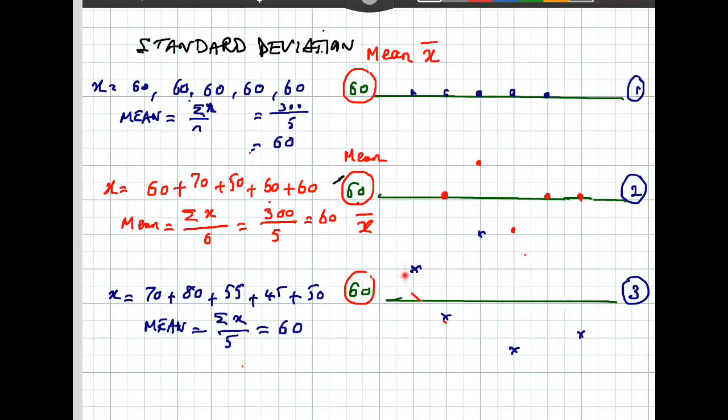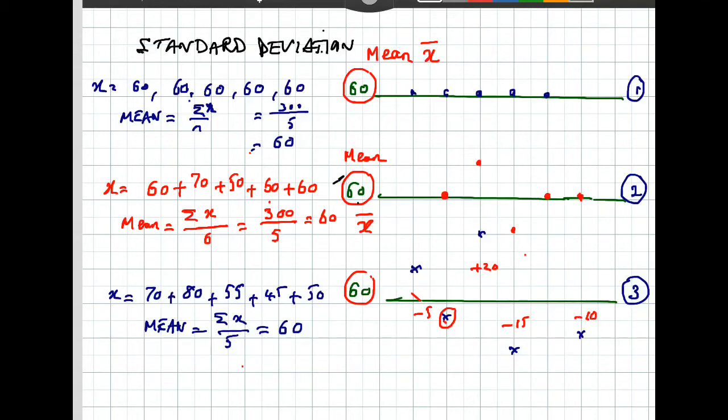So I've got the first point here deviating by plus 10, this one here by plus 20, and here I've got a deviation of minus 5, this one here minus 15, and that's minus 10.